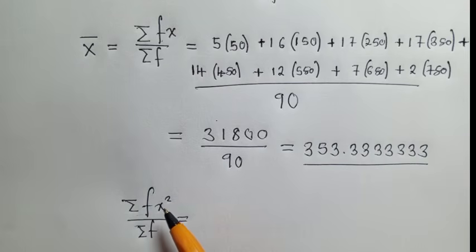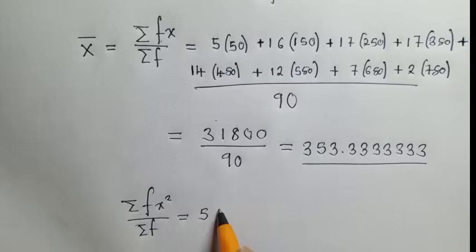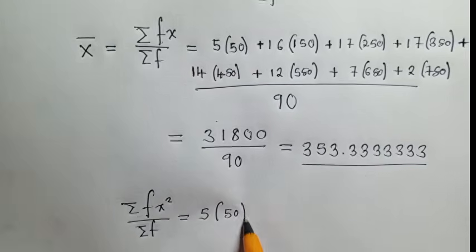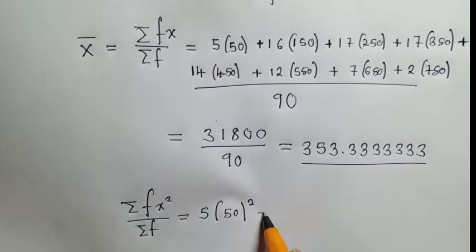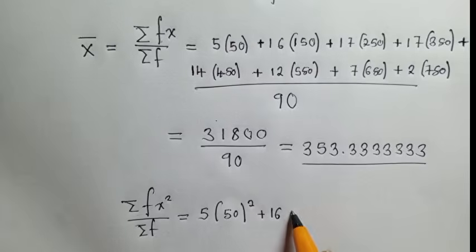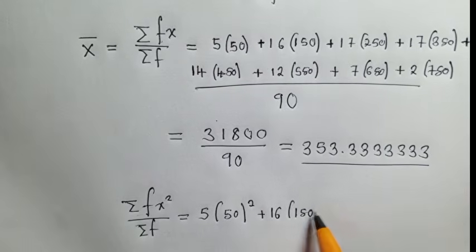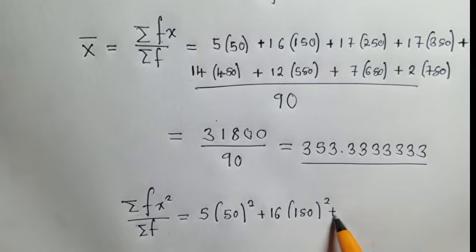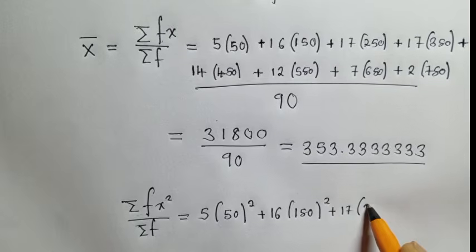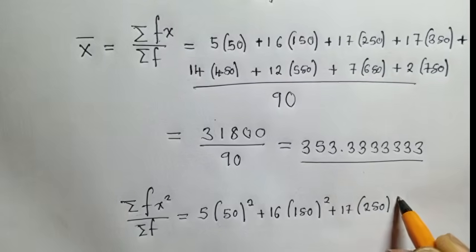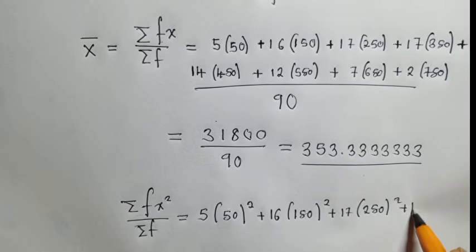The only difference is that we've got a power 2 here. Therefore, we shall copy everything the way they look, but we'll be putting a power 2 here. Power 2. Don't forget the power 2. So you copy everything.